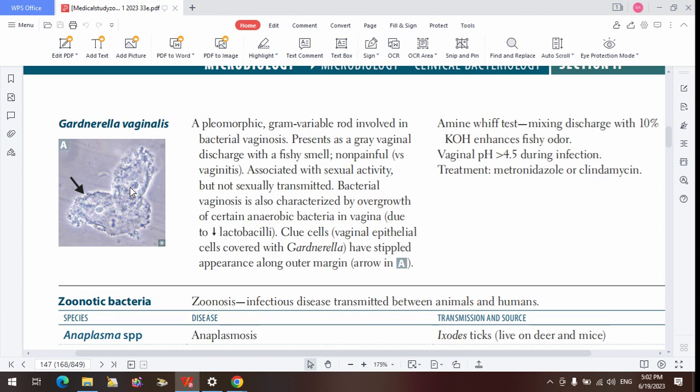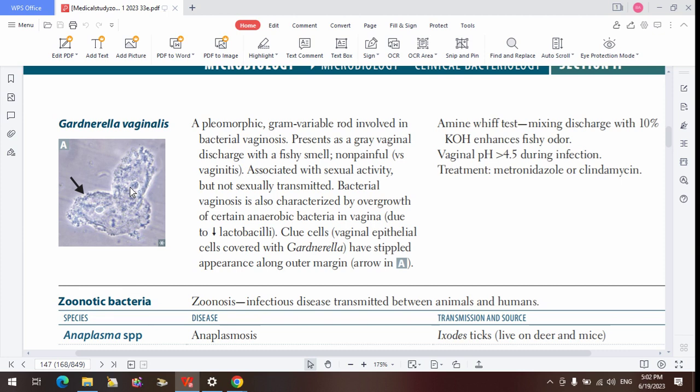If you are saying something is sexually transmitted, that means that organism gets inoculated into the reproductive tract during sexual intercourse. No, it's just that sexual activity can help disturb the bacterial load within the vagina, killing off the lactobacilli and making the person susceptible to developing this organism. Doesn't mean that it is sexually transmitted. It is not sexually transmitted.